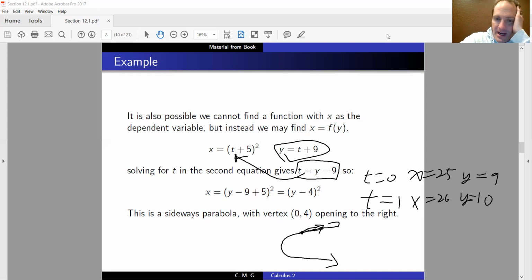When t is 0, I'm at x equals 25, y equals 9. When t is 1, I get 26, 10. So the positive orientation along this curve is from the bottom, up past the vertex and over. So you're going in this direction on the curve. That's the positive orientation.